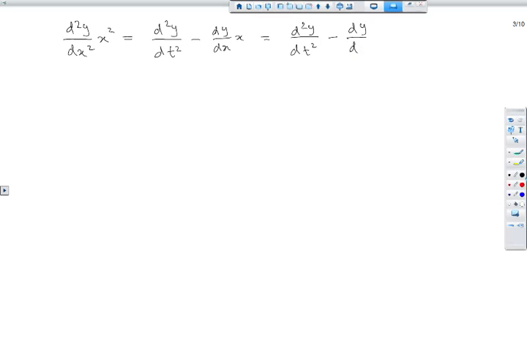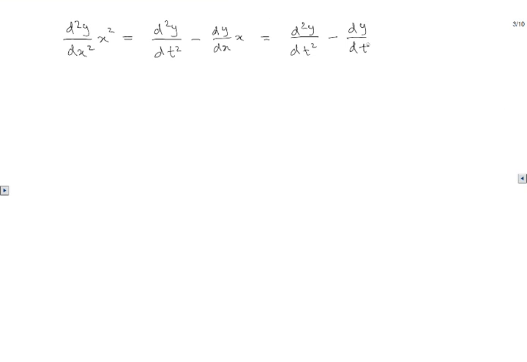So we transform the two derivative terms.